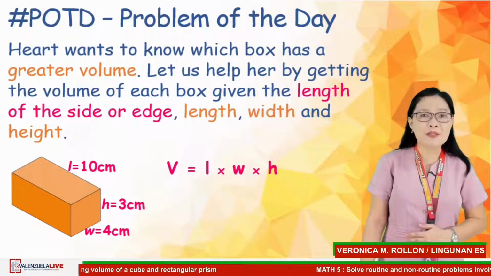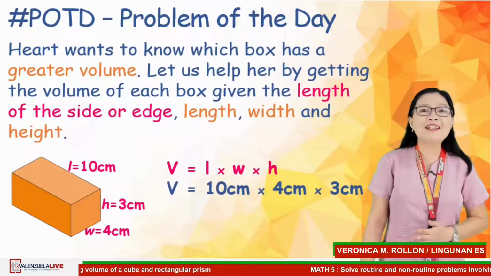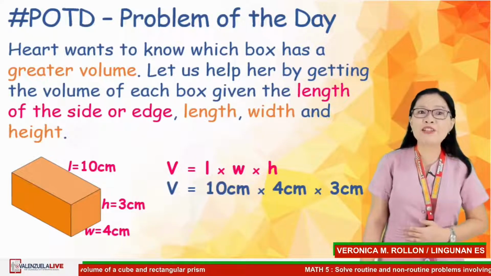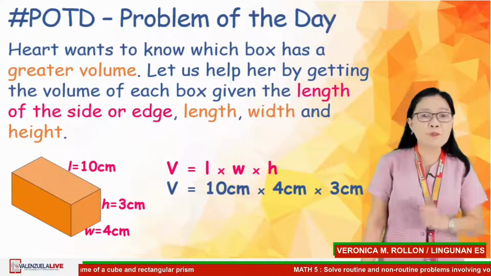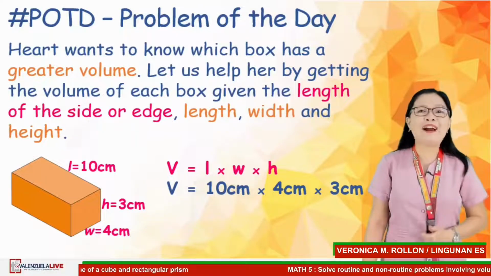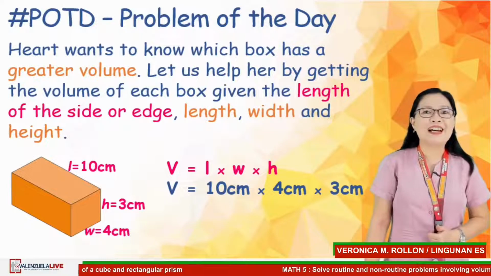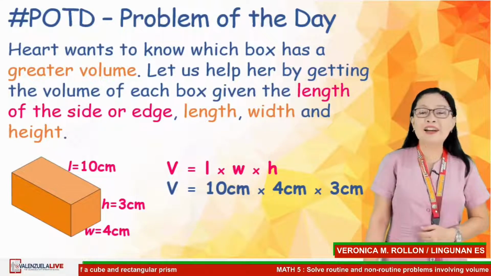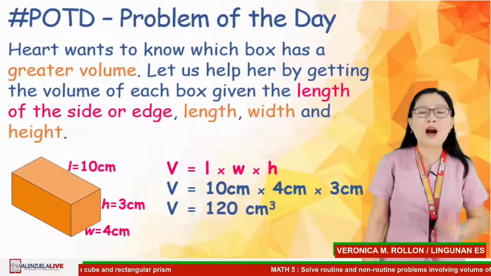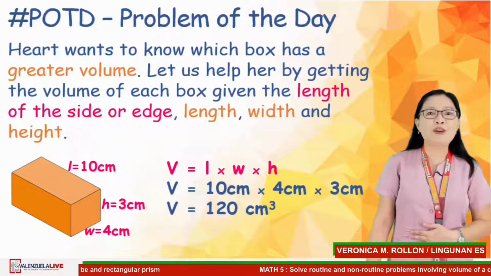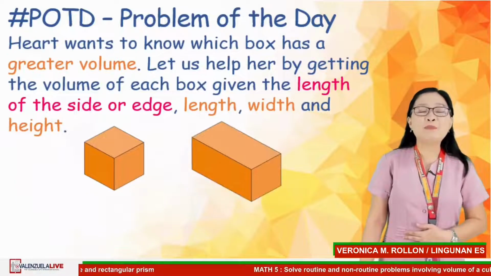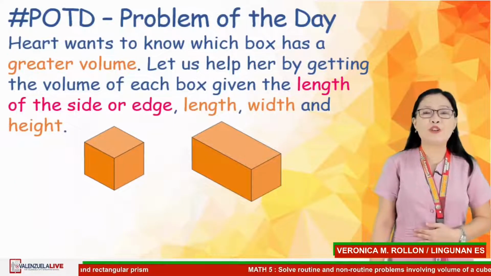So let's substitute. 10 centimeters times 4 centimeters times 3 centimeters. Can you compute it? Start computing now. Okay, the product is 120 cubic centimeters. So for box B, the volume is 120 cubic centimeters.